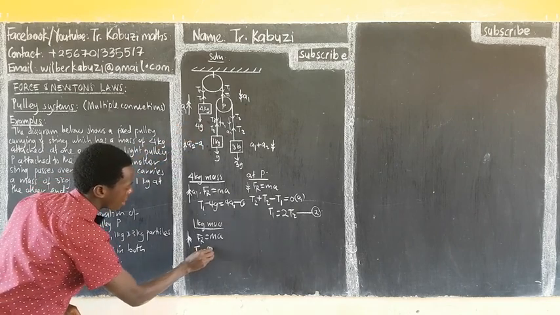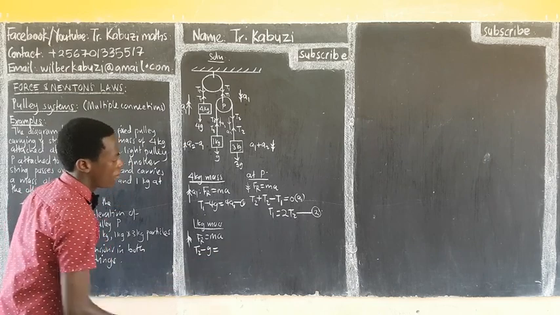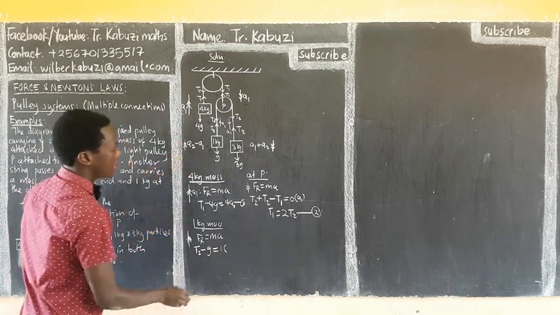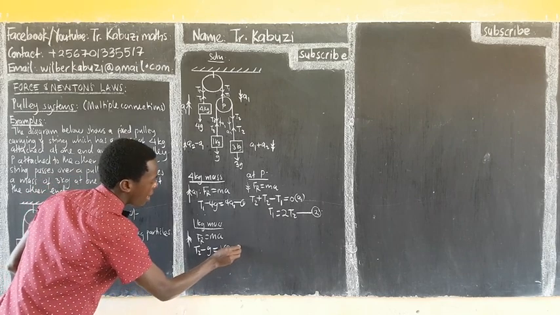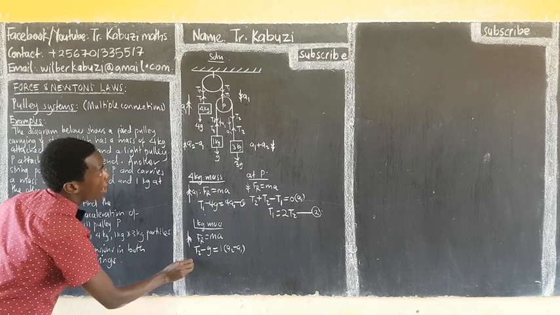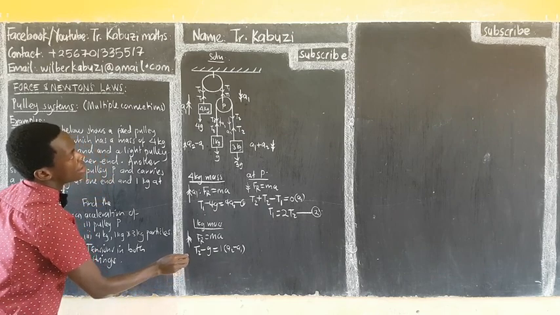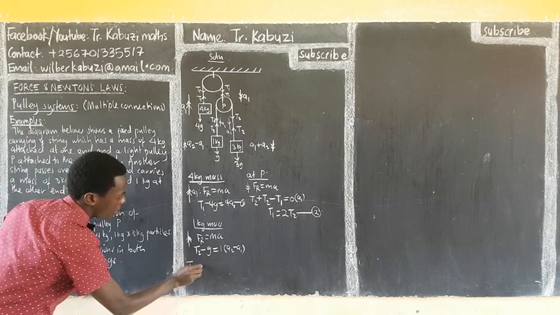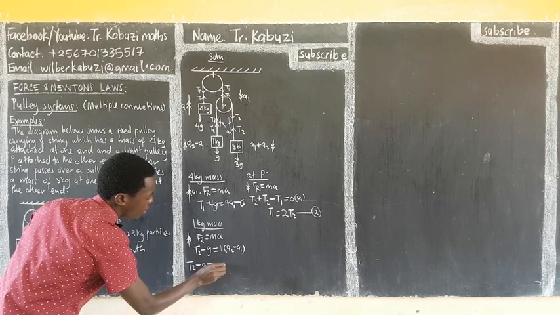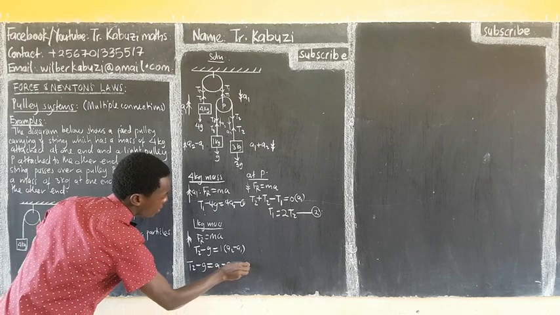T2 minus B equals its mass, which is 1, times its acceleration, which is the overall acceleration, A2 minus A1. So T2 minus B equals A2 minus A1. This will be equation 3.